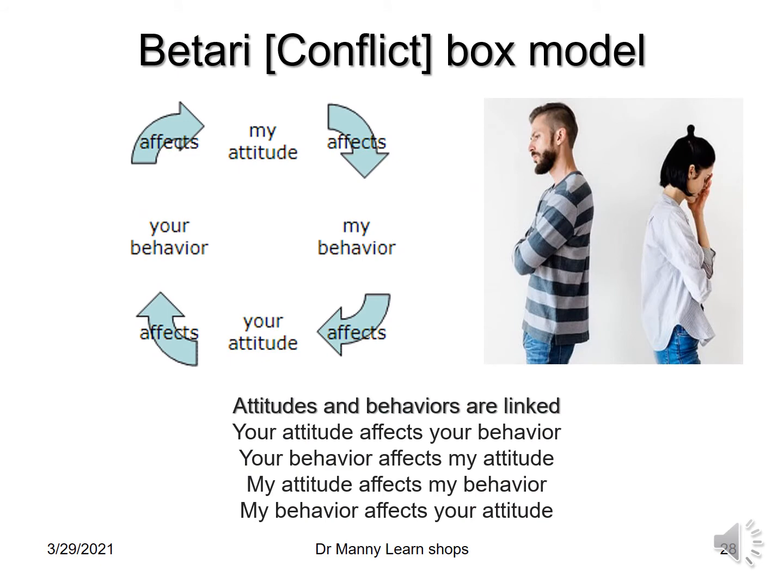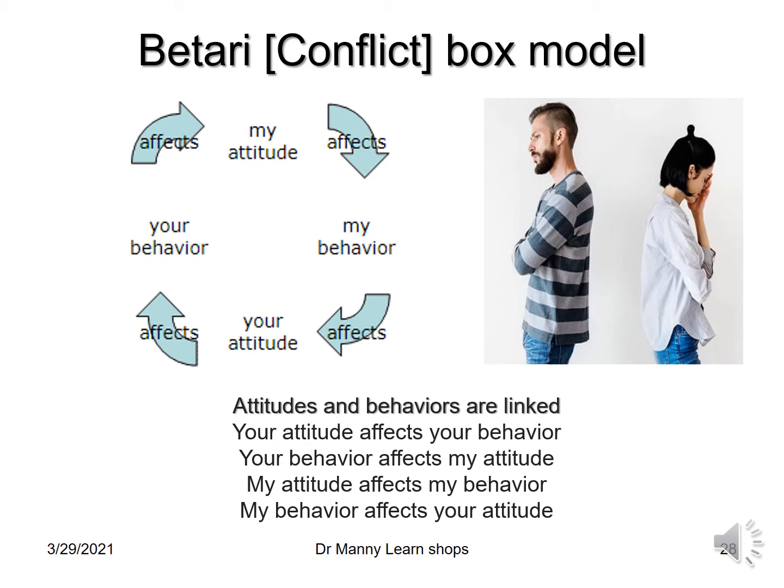Another model that relates to attitudes and behaviour is the Betari box model, sometimes referred to as the Betari Conflict box model, because this is where attitudes and behaviours are linked. So if you look at the diagram, it says your attitude affects your behaviour.